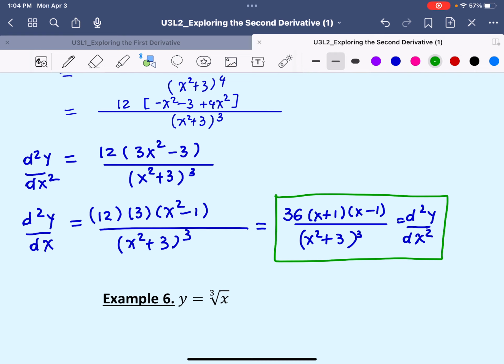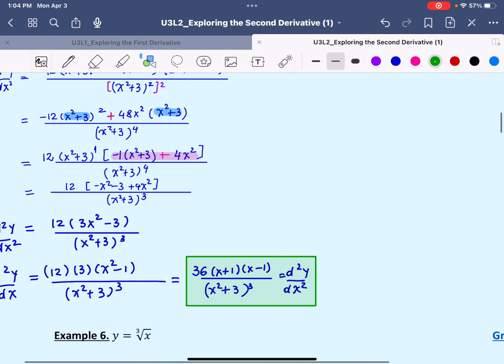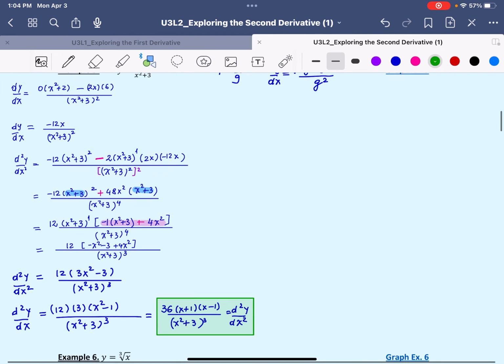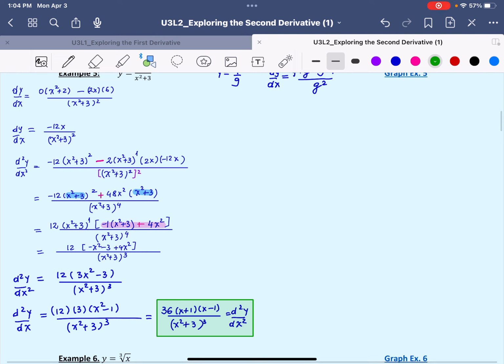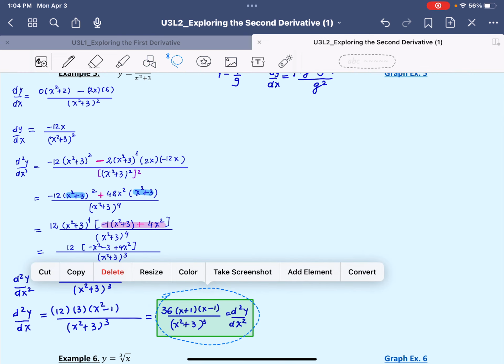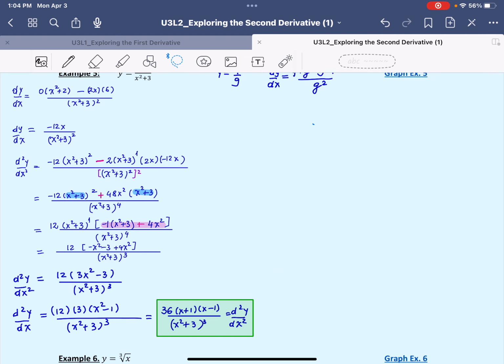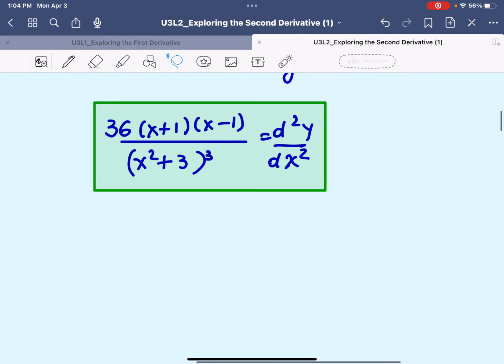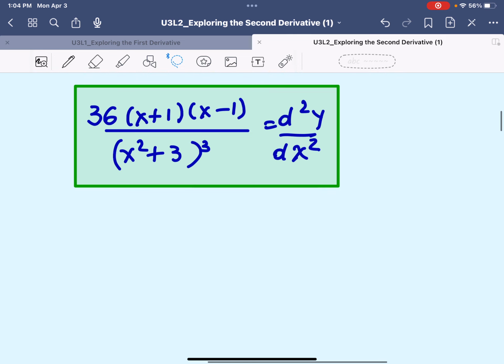So we are now ready to study the sign of the second derivative, and because it is in rational form, to study the sign of it, we need to consider the signs of both numerator and denominator. So we're going to grab this one here. Let me just bring it up. Just organizing the solution. There is no significant step here.